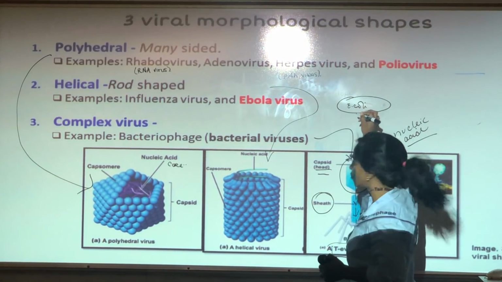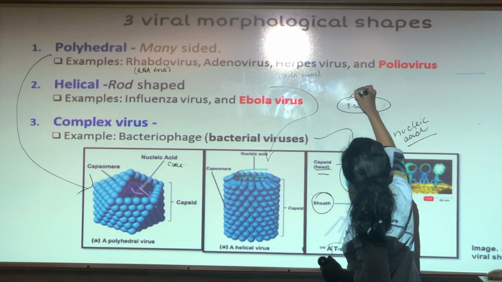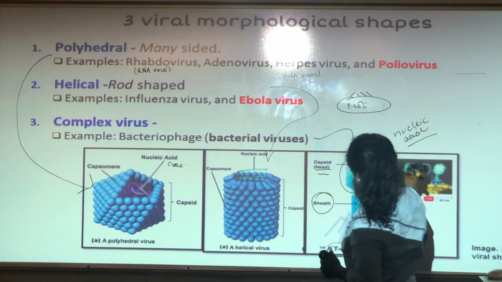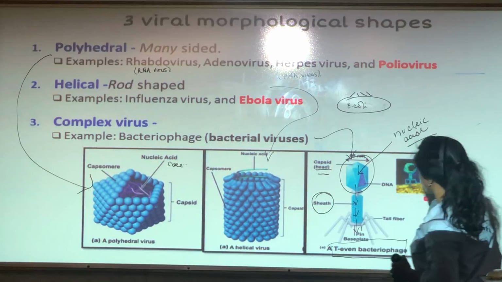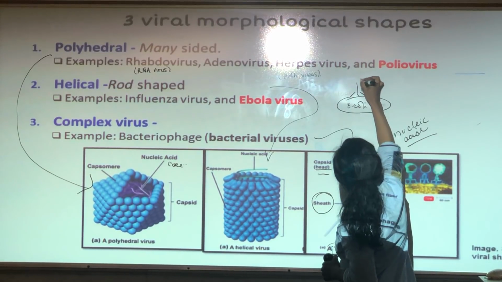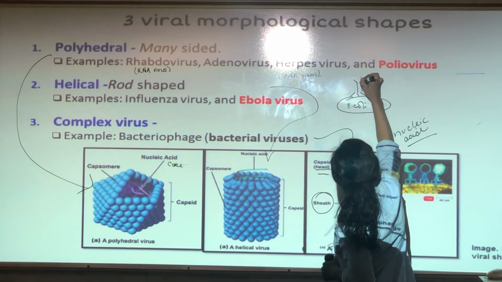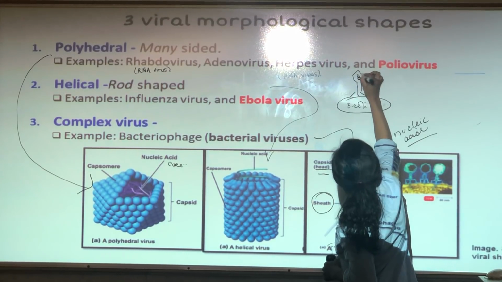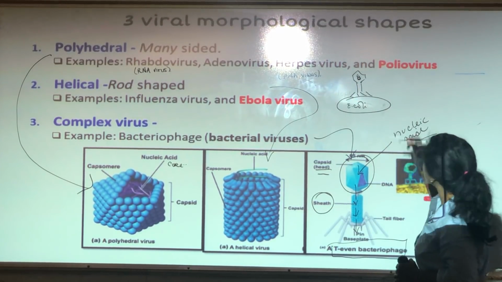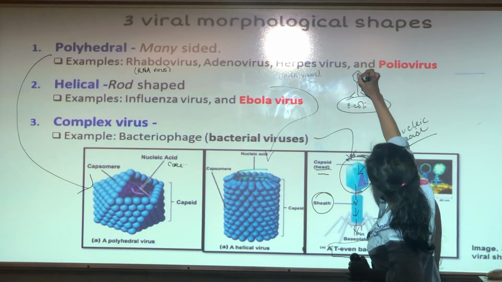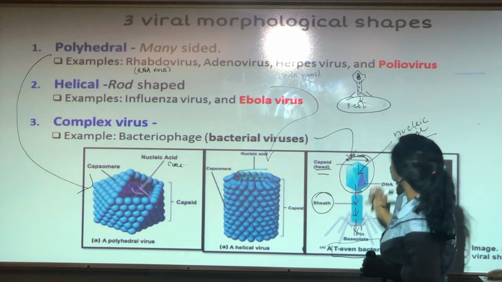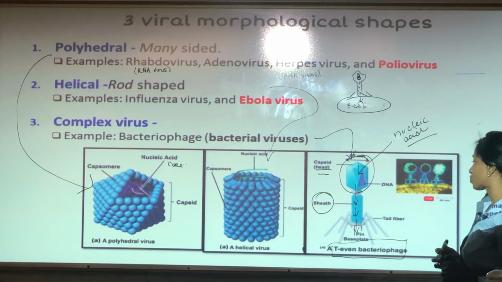E. coli gets infected by many of these T-even phages, all right? So this will be the pin in the base plates at the bottom, right? And then you would have this polyhedral head at the top that will have all the genetic material, all right? So in order for the genetic material to get from the head and down, all right, into E. coli, the sheath is going to contract, all right?